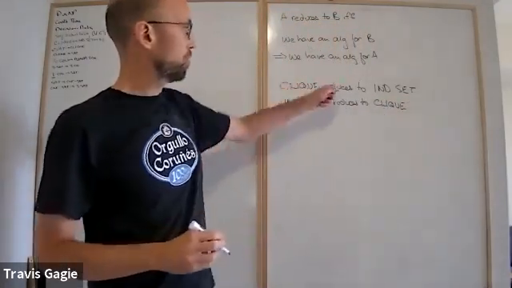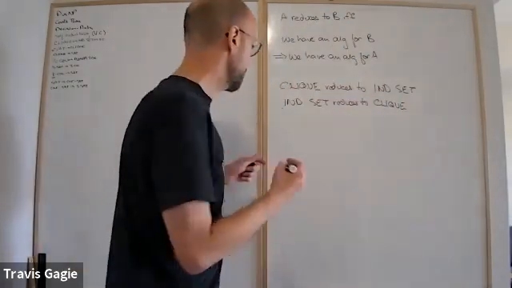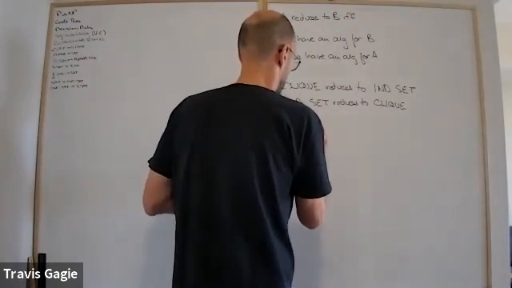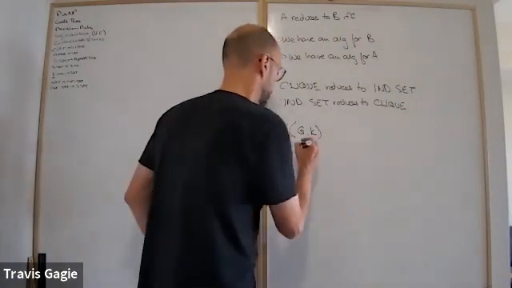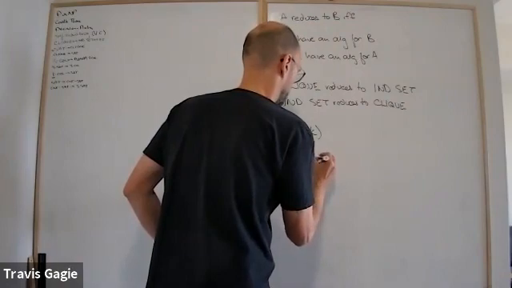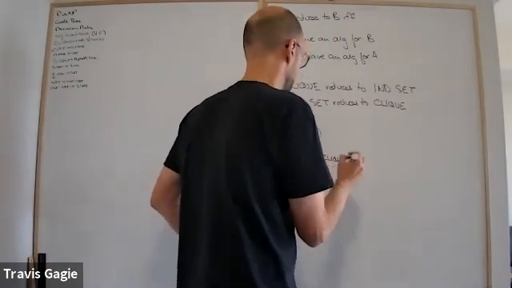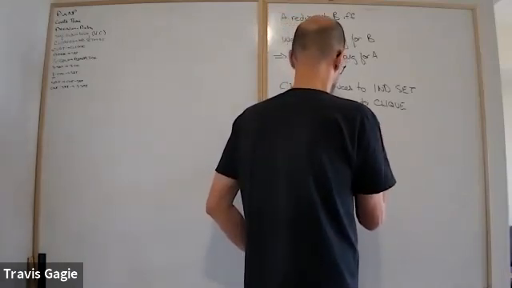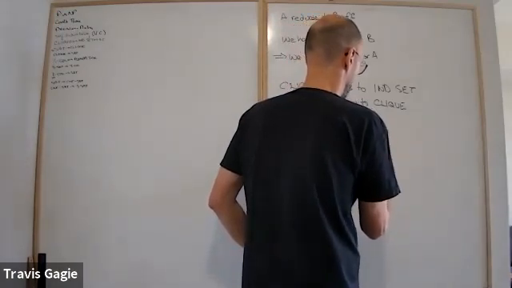Because all you do to reduce clique to independent set, if somebody gives you a graph G and an integer K, so this is an instance of clique, then we're going to turn it into G prime, K. This is an instance of independent set.